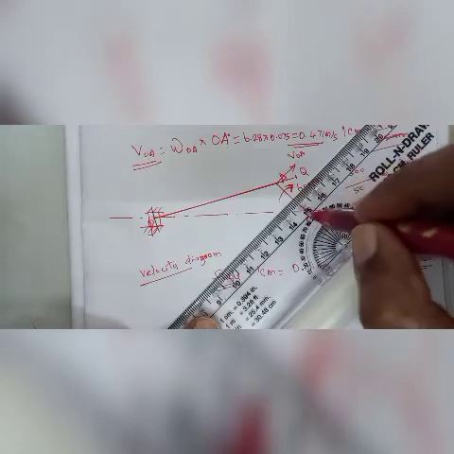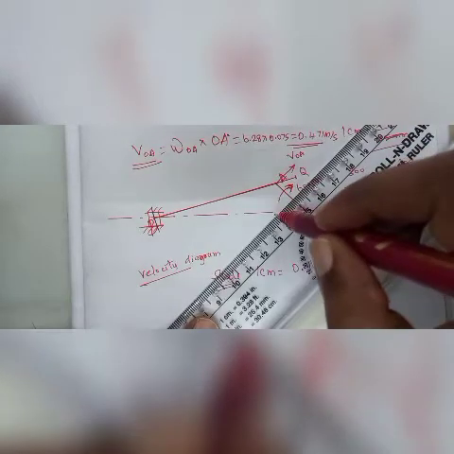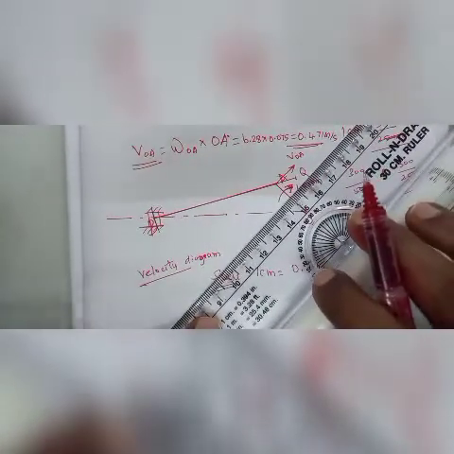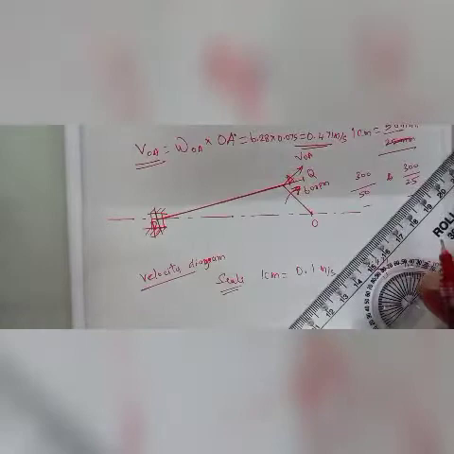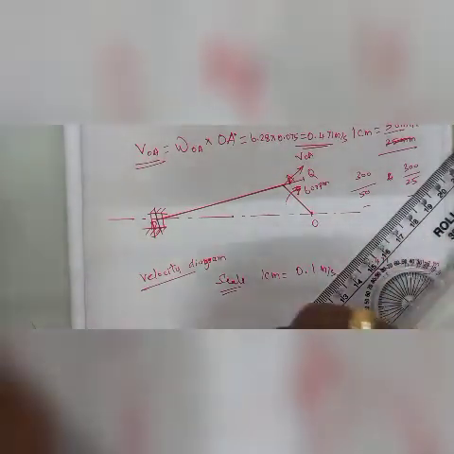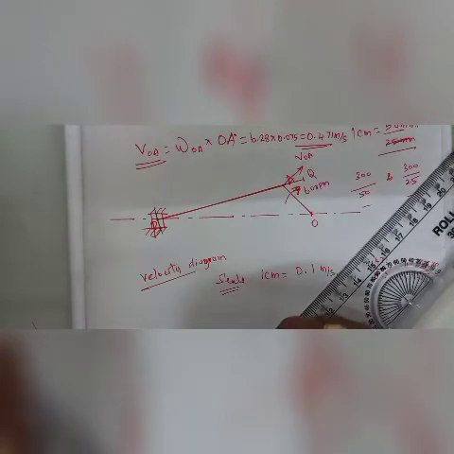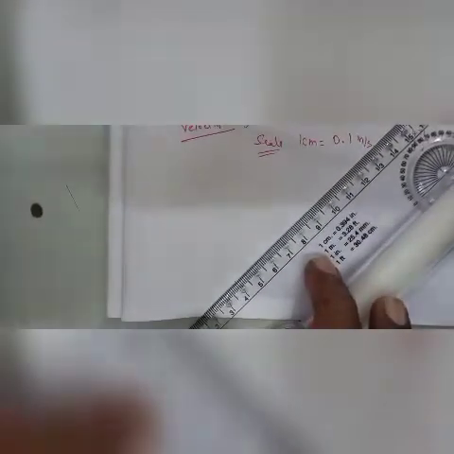I need to coincide a line here, and this will be my perpendicular. I am just rolling this scale like this. Now I am going to draw a line of 4.7 centimeter.